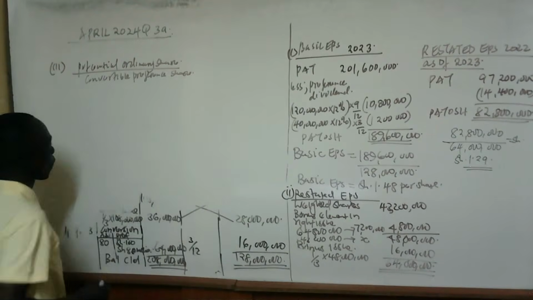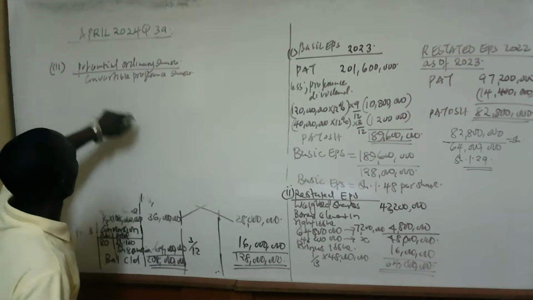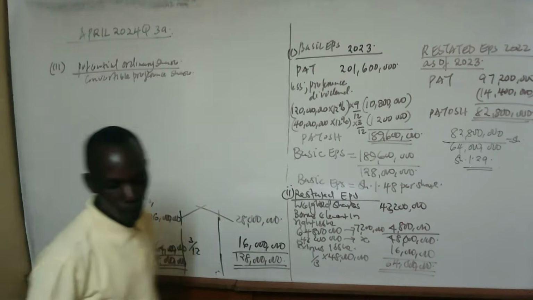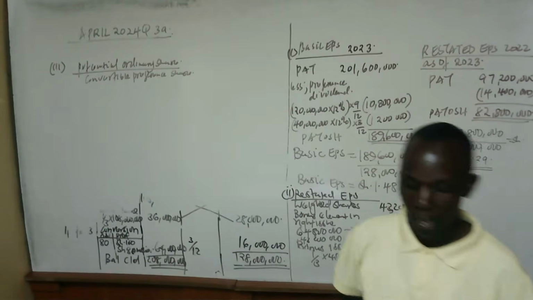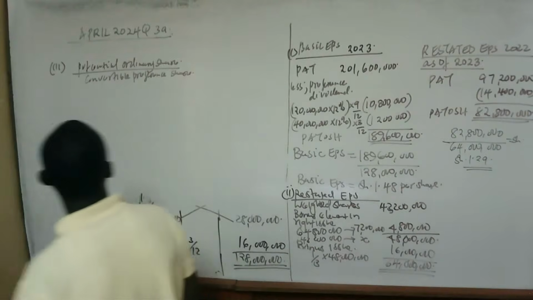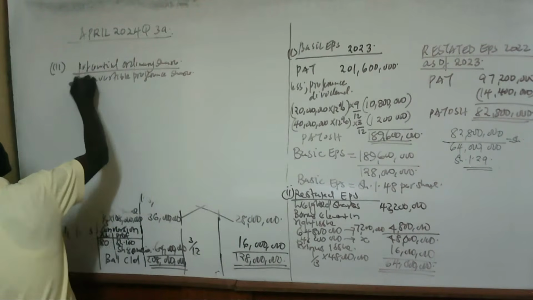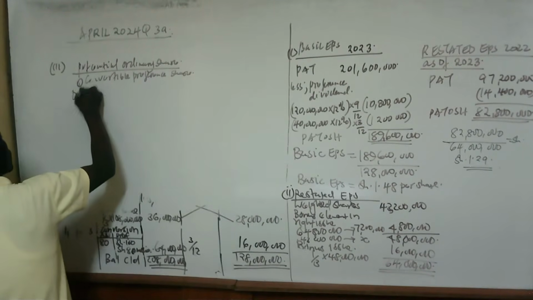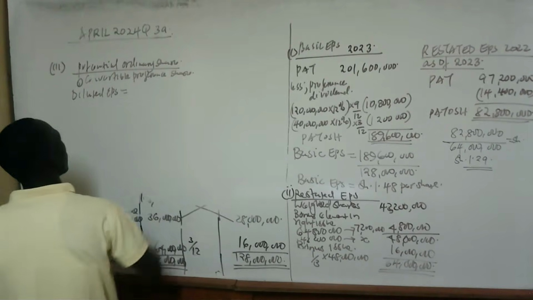And for you to find that this security will be potential ordinary shares, they must be convertible. You must look for the word convertible. In that case, it means that those securities are what? Those securities are potential. So we only had one. Therefore, if we only had one, our formula for the diluted EPS is going to be given by what?